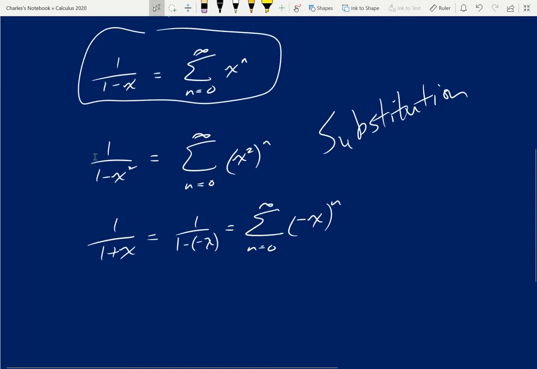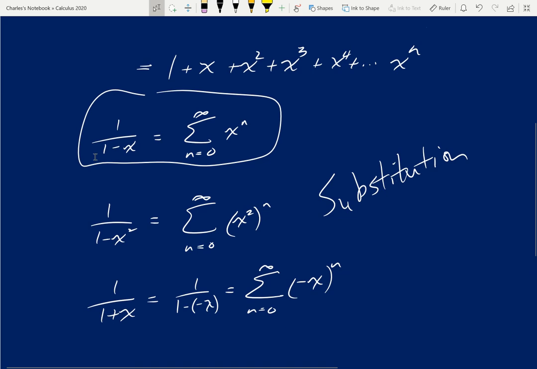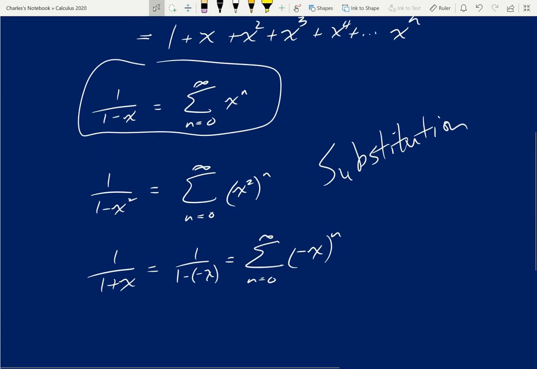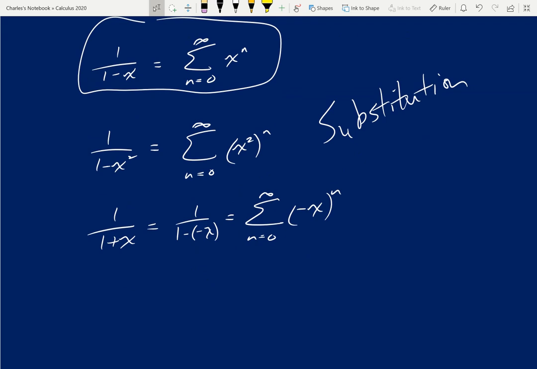Do you remember back when we talked about intervals of convergence? This is the power series. Over what interval does it converge? Well, if you think of it, this is a geometric series. When does a geometric series converge?